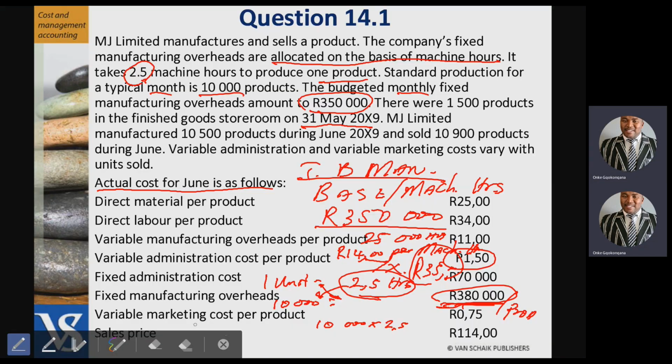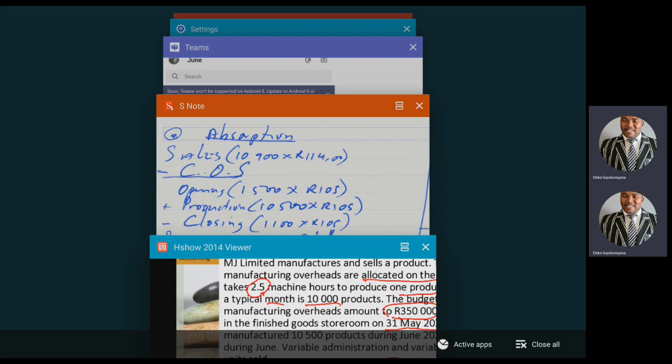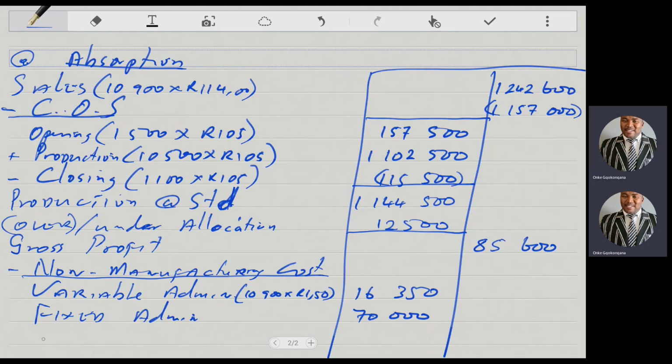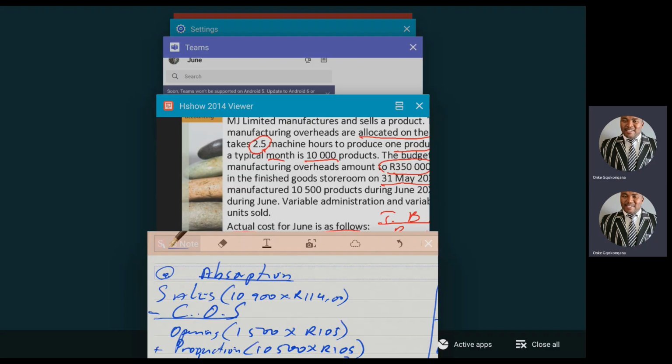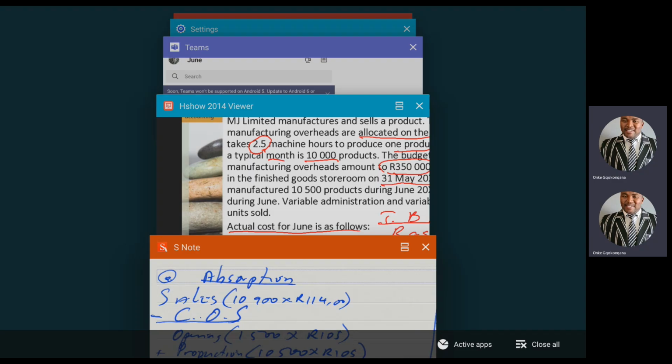Then the last one is your variable marketing. We skip variable manufacturing because we've already included it in our production. Variable marketing is 75 cents a unit.